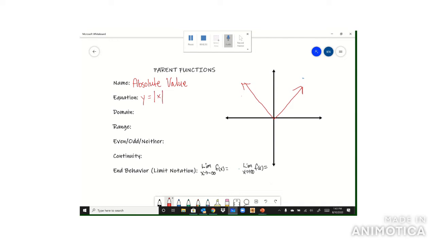So it has a domain of all real numbers, as well as a range of, just like the previous one, the lowest it can go is 0. So the range on this is 0 to infinity. Absolute values are even functions, and they are continuous.